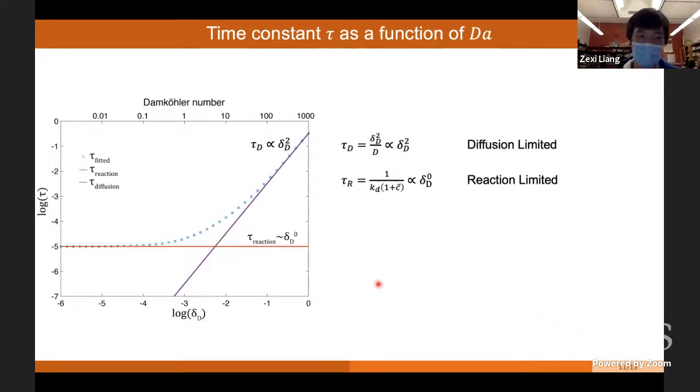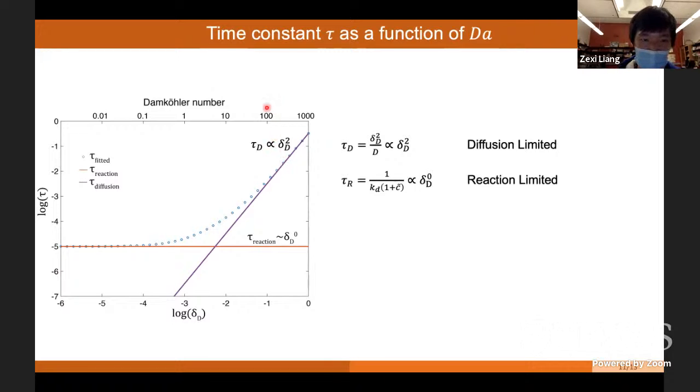So we plot this figure again, but replacing delta D with the Biot number. Here is the Biot number corresponding to different diffusion layer thicknesses. And here is the time constant for the entire absorption kinetics to reach saturation. We found that there are several different regimes in this plot.